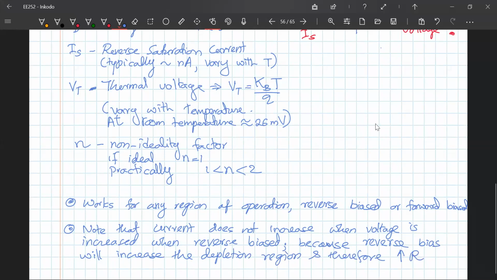So I is equal to V over R. V increases, but also R increases. So therefore, the ratio does not increase. That is the reason.